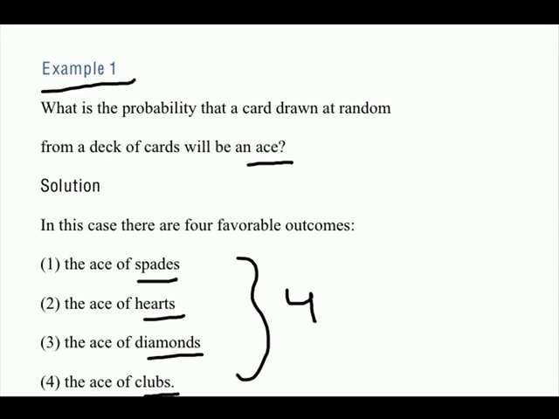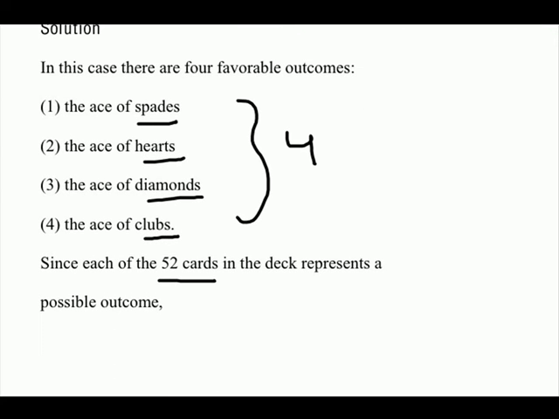And the question also assumes that you know how many cards are there in a deck in total. And you've got 52 cards in total, divided equally amongst the 4 suits.